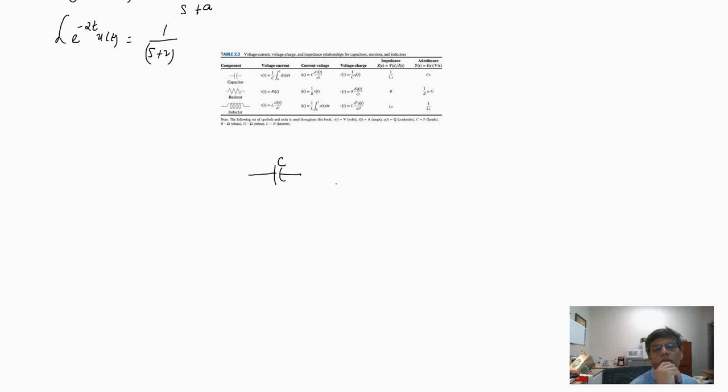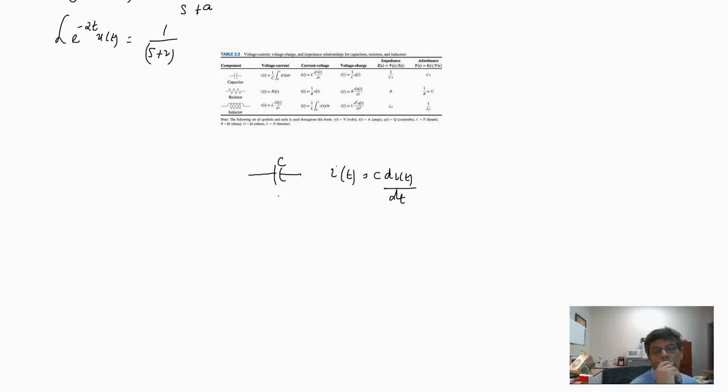And if you want to find out the current through the capacitor, that's simply equal to i of t equals C dv by dt. Now you take the Laplace and try to convert this capacitance and replace it in terms of impedance.